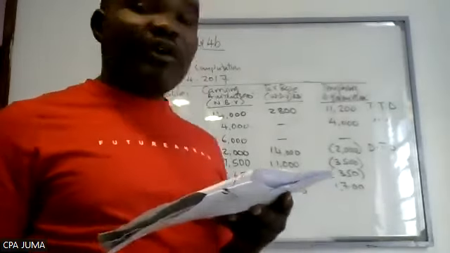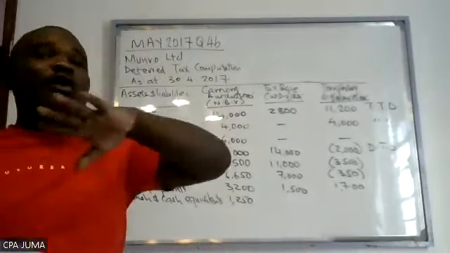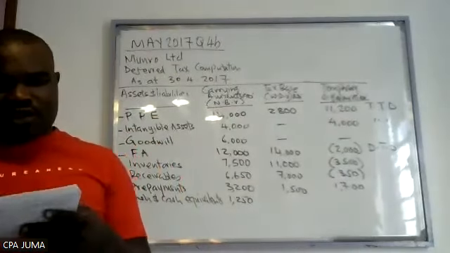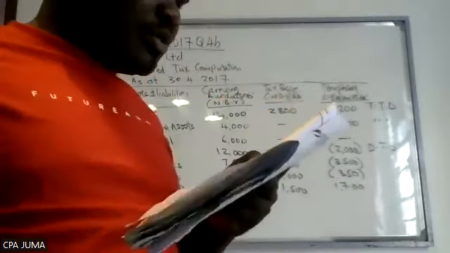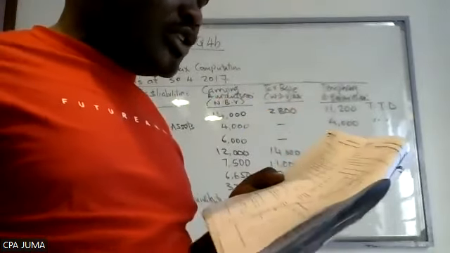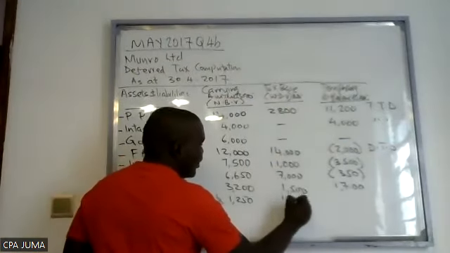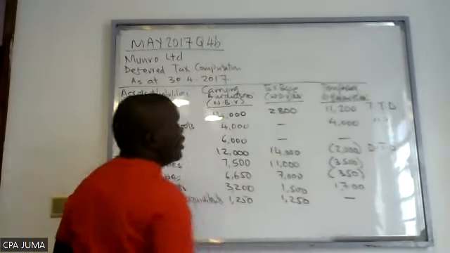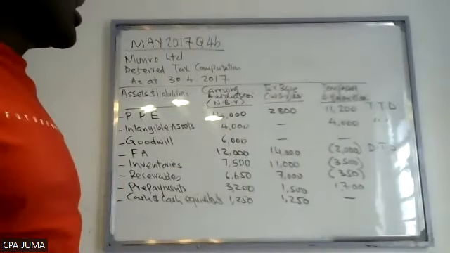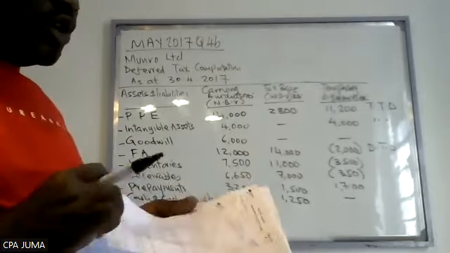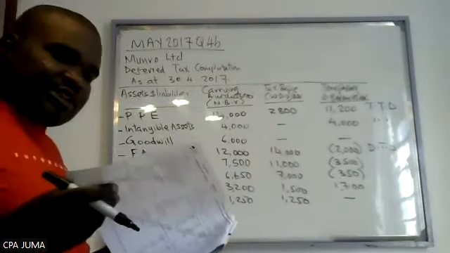For the ones which have not been mentioned in any notes, you go to note 8. Note 8 says the tax base of other items is equal to their carrying amount. So there is no temporary difference. Good. Next one, equity and liabilities.